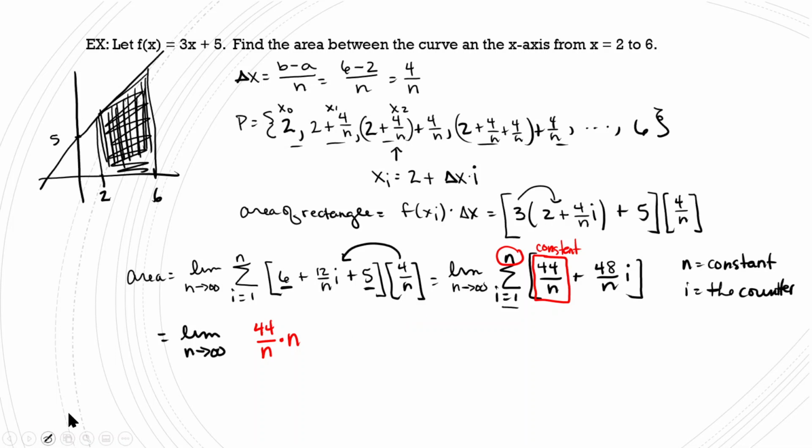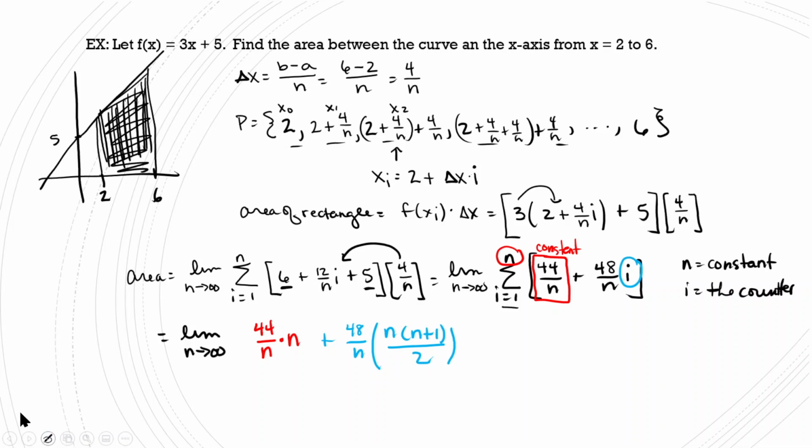Okay, now let's do the next one. This one has an i, and i is my counter. So I'm going to have this 48 over n as a constant, and then I'm going to use the summation formula for i, which was n times n plus 1 over 2.